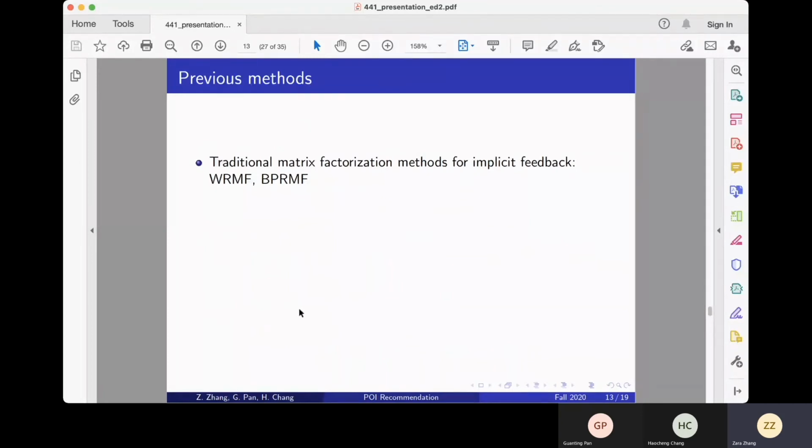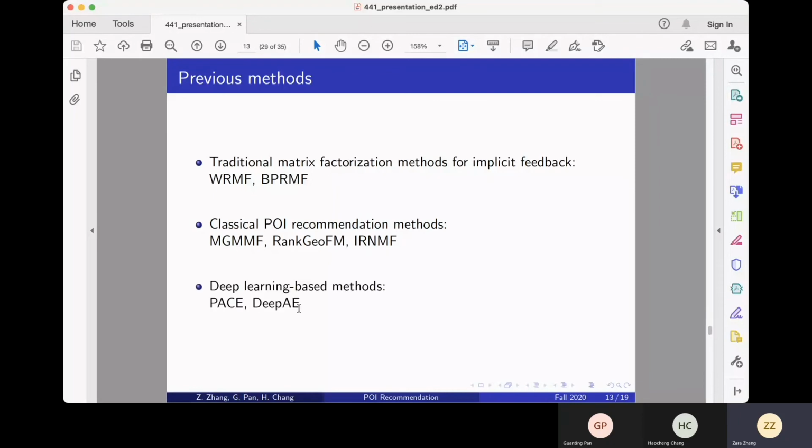The first is traditional matrix factorization methods for implicit feedback. The second is the classical POI recommendation methods. And lastly, we have the deep learning-based methods. Here, three key evaluation metrics were introduced: precision at K, recall at K, and MAP at K. I'll talk about them in a short while.